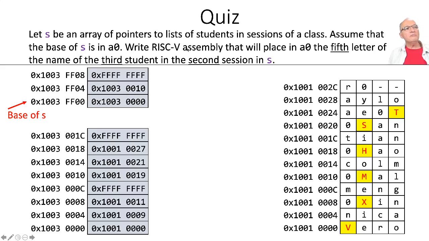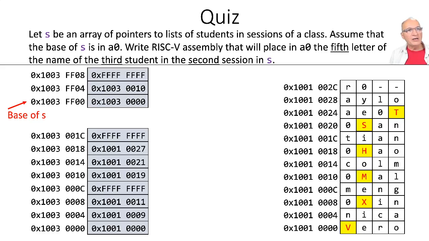And I would like you to write a RISC-V assembly code that will place in A0 the fifth letter of the name of the third student in the second session in S. So that's the statement.